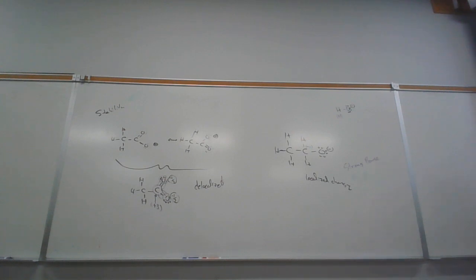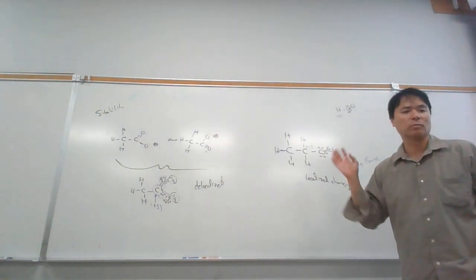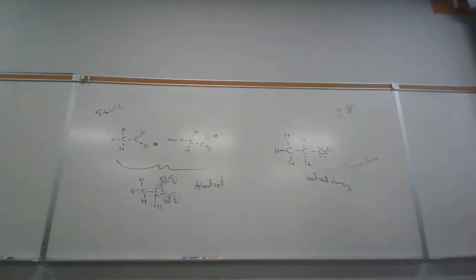If it were a minor difference, then sure, polarity is probably it. But with such an enormous difference, you can't just say it's more polar. Inductive effect, it's not enough. And so here they show delocalization, localization.